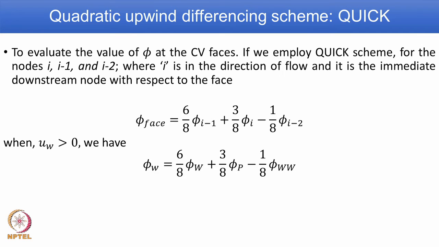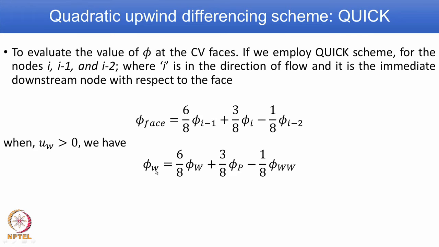So, if UW, that is your velocity on the west phase, happens to be greater than 0, that means it is positive, then phi at W is 6 by 8, and I is given here as a node in the direction of the flow, immediate downstream.